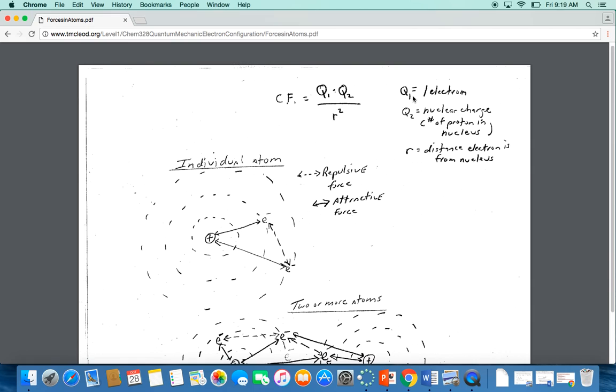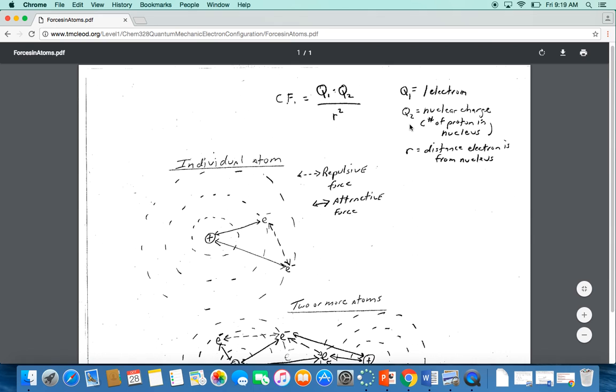In essence, what's the Coulombic force on every individual electron? There's an attractive force to the nucleus. That's what Q2 is, and that's called the nuclear charge. If you have more protons in the nucleus, it has a greater pull because Q2 would be bigger, so the Coulombic force is bigger.